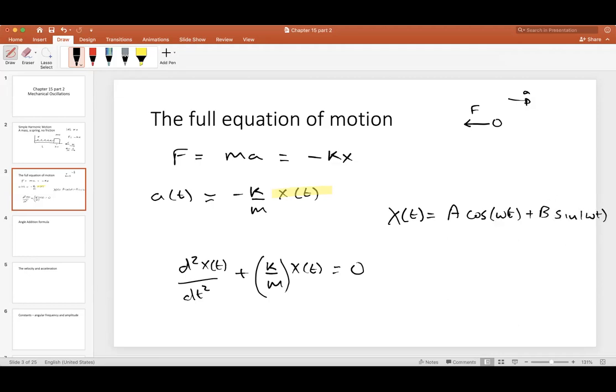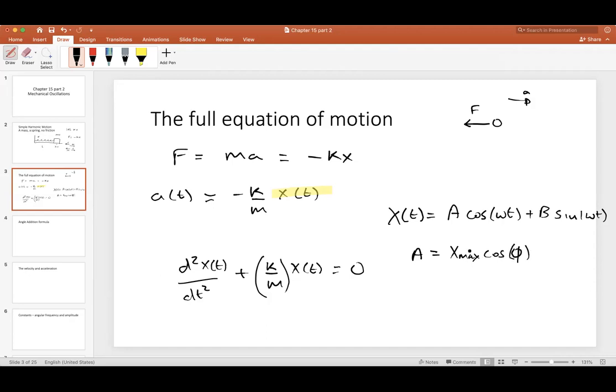I should also note that your book has this weirdly wrong. We'll see that in a second. Before, this is what we used, and we said, oh well, we're starting at time 0, we're starting at a maximum, we'll kill off B. We're not going to do that today. Today, we're going to say that A has to be some maximum amplitude times cosine of something called a phase angle.